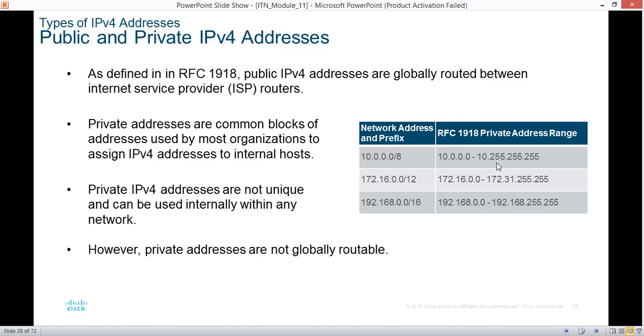So what we have here is the private IP addresses for IPv4. And any other address that is not captured within this is automatically a public IP address.